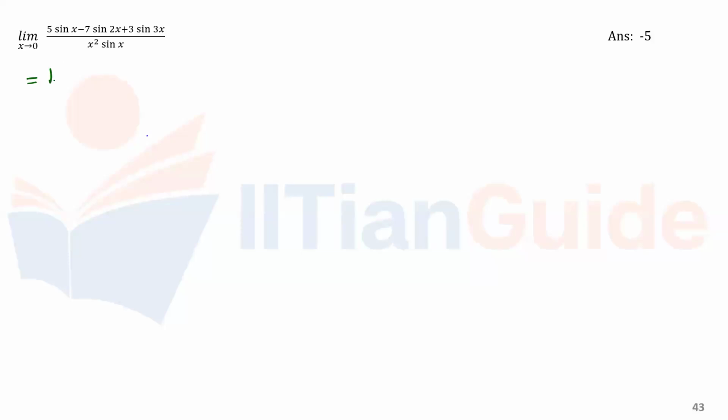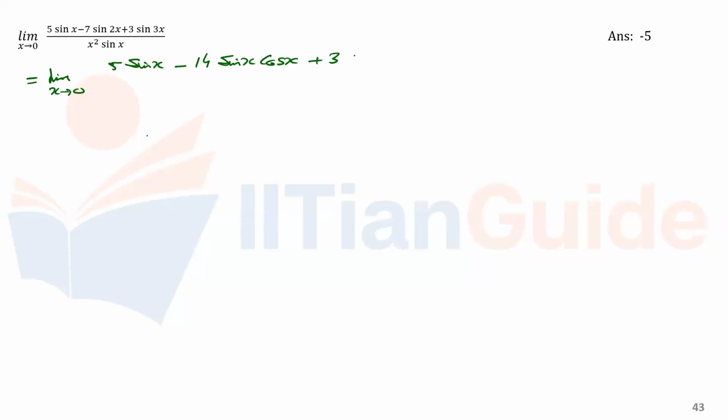Okay, I am writing limits x tending to 0. We have 5 sin x minus 7 sin 2x. Sin 2x is 2 sin x cos x, basically I will get 14 sin x into cos x. Plus 3 sin 3x, and in sin 3x we have 3 sin x minus 4 sin cube x.